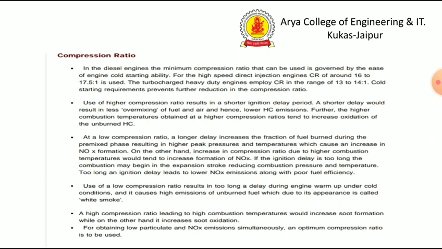The turbocharged heavy duty engines employ a compression ratio in the range of 13 to 14 to 1. Cold starting requirements prevent further reductions in the compression ratio. By the use of a higher compression ratio, the ignition delay period is shorter. A shorter delay would result in less overmixing of fuel and air and hence lower HC emissions.